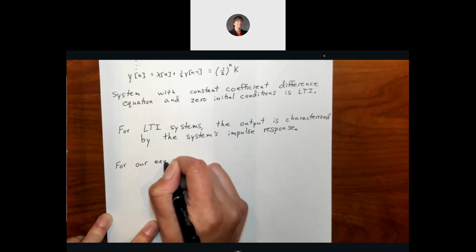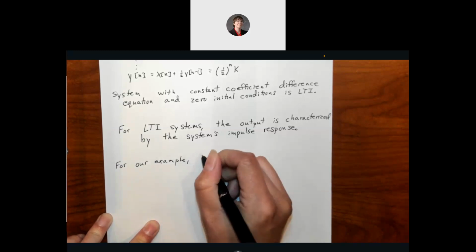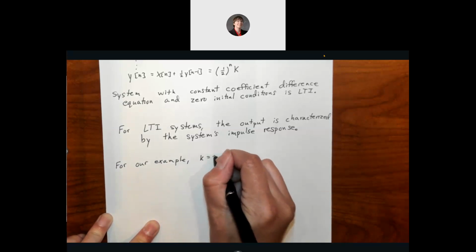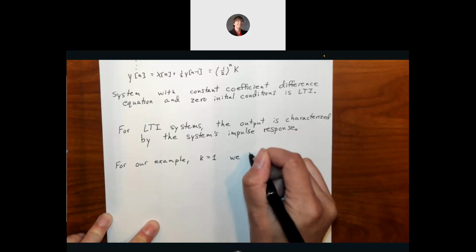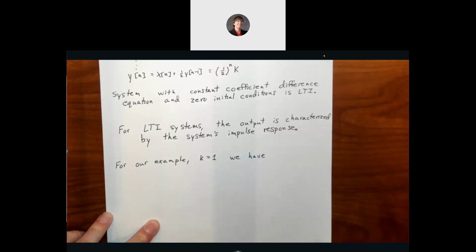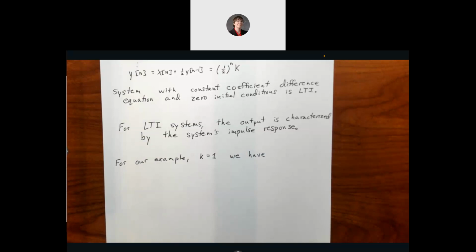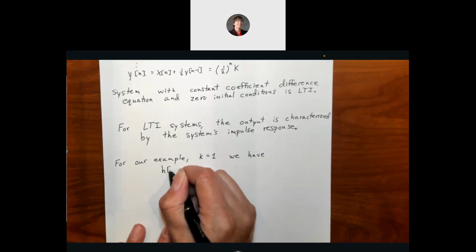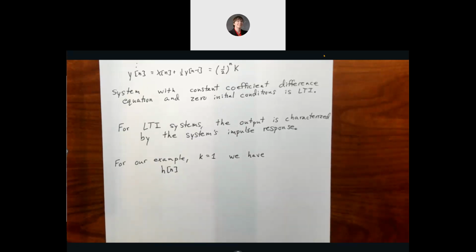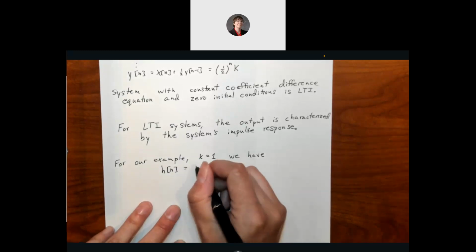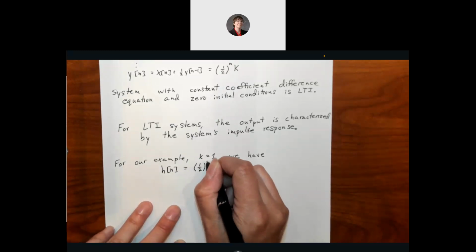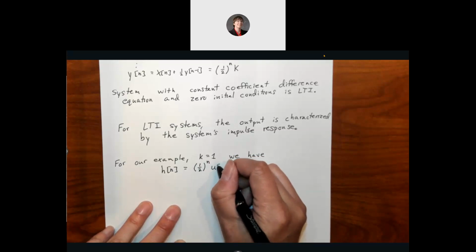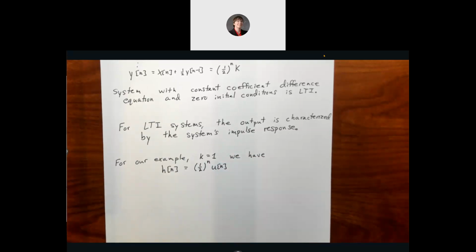So for our example, if we set k equals 1, and we're actually going to give this output a special indicator, we're going to use h. So h is going to indicate that that's the impulse response. It is going to be 1/2 to the n u of n.